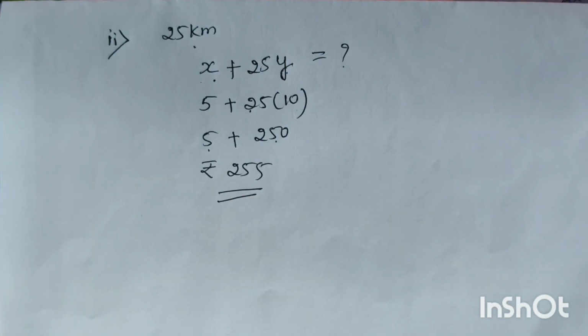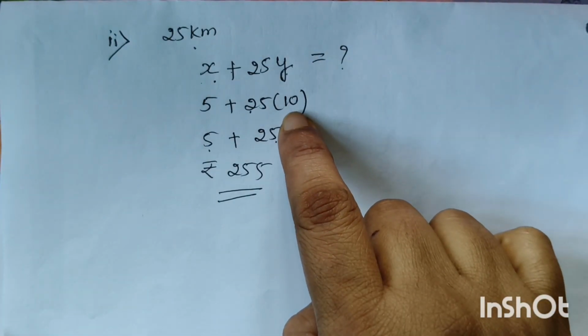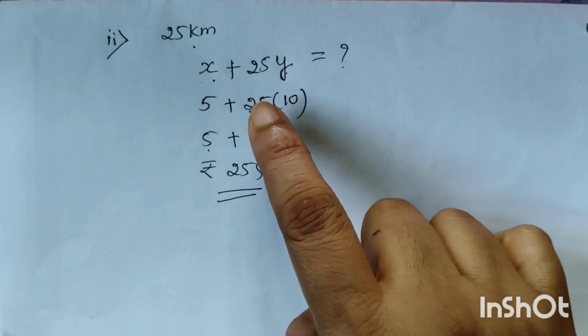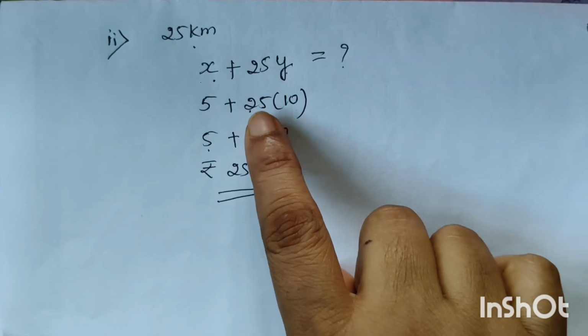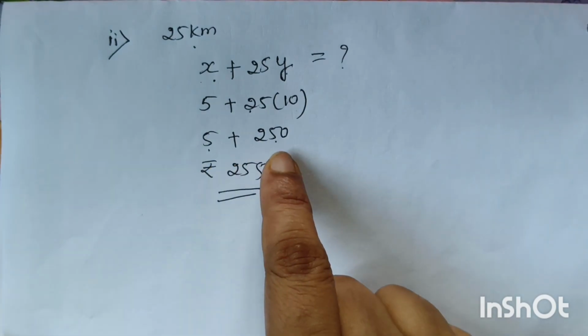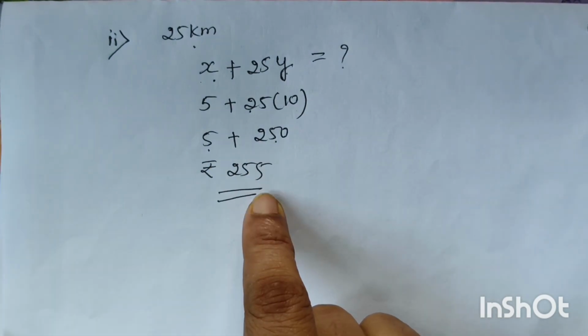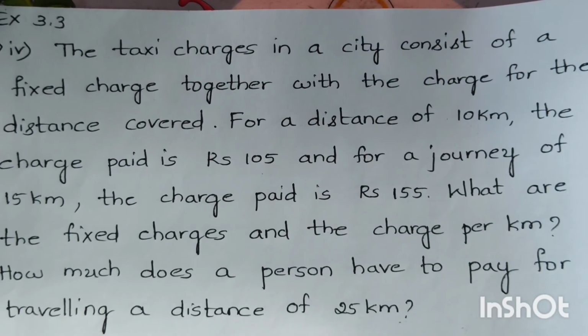Then he has to pay the charges per kilometer also. That means for 1 kilometer we got 10 rupees. But he travels 25 kilometers. Therefore, it will become 25 into 10. That is 5 plus 250. Then he has to pay 255. Take a complete view of the solution.